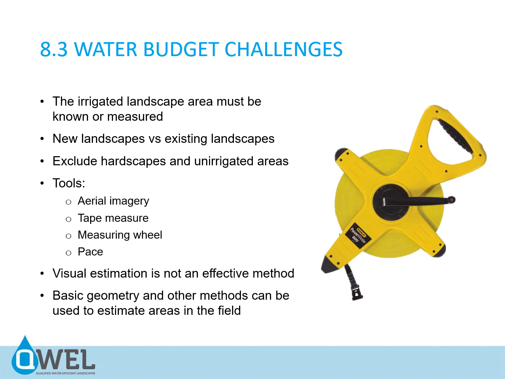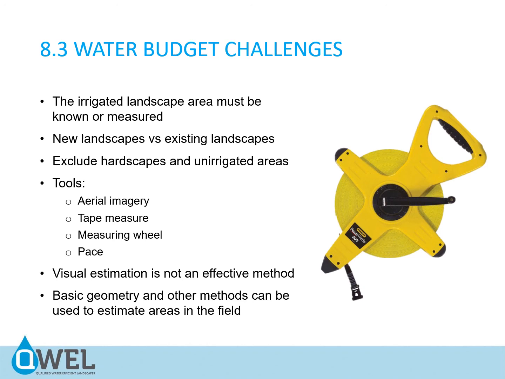being irrigated. So some of the tools that you can use to help you with this is aerial imagery. Oftentimes there's software that you can use where you can have a measurement tool that you can measure the area, especially if it's an odd shape. Sometimes that's kind of handy to have.